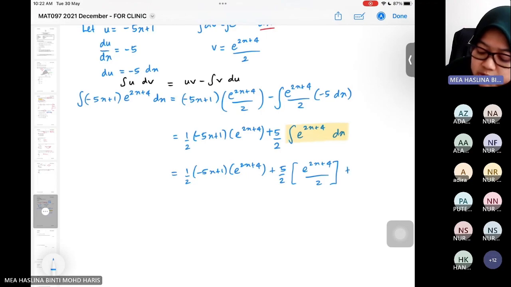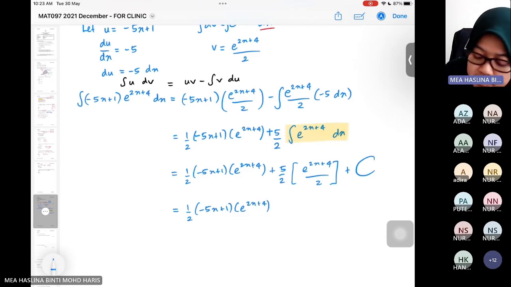Please do remember to put plus c. Simplify your final answer to be 1 over 2 -5x plus 1 e to the power of 2x plus 4 plus 5 over 4 e to the power of 2x plus 4 plus c.